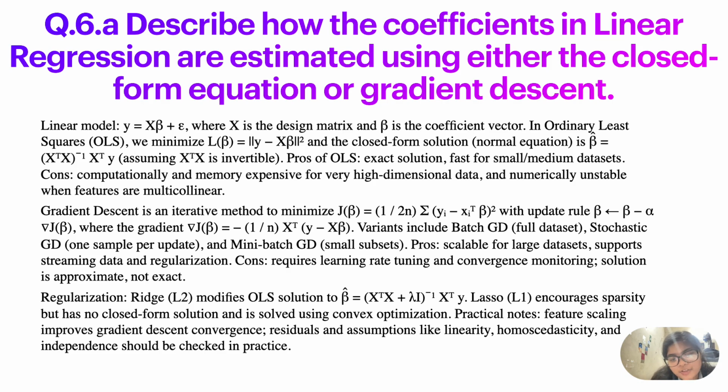Variants include batch GD, which uses the full data set, stochastic GD, and mini batch GD.